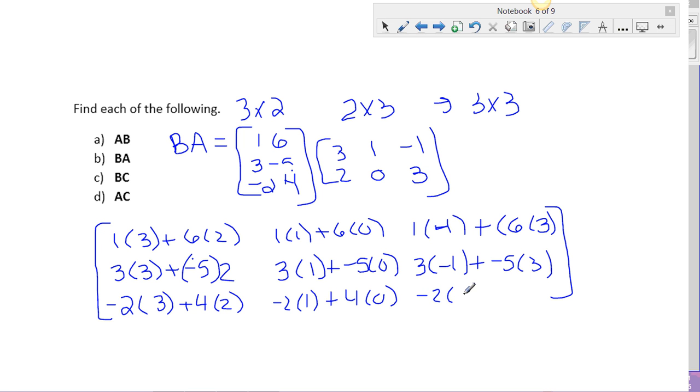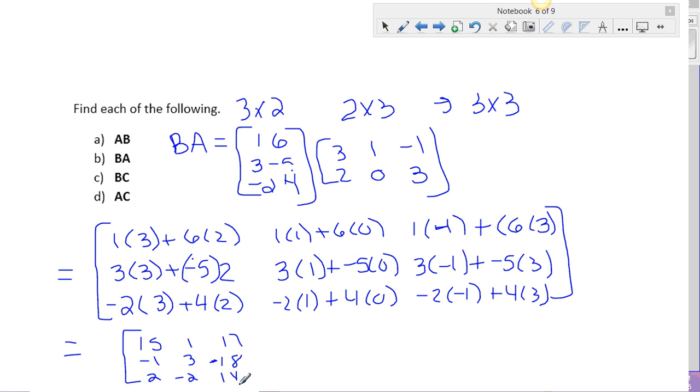Negative 2 times negative 1 plus 4 times 3. We do out the math. We get 15, 1, 17, negative 1, 3, negative 18, 2, negative 2, 14. Once you get in the habit of doing this a few times, it's really not difficult. You just have to remember what to multiply by what.